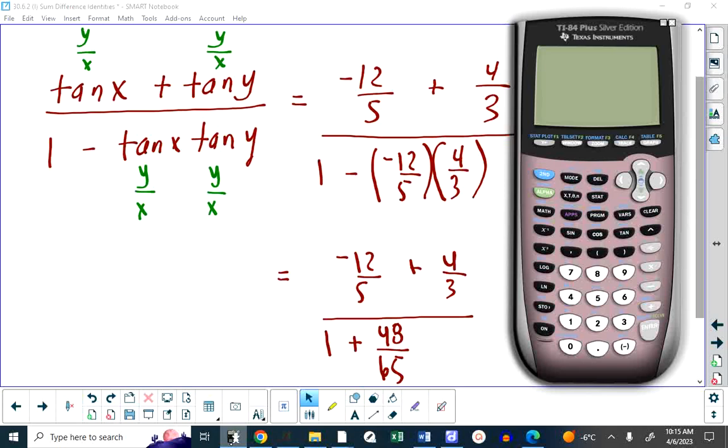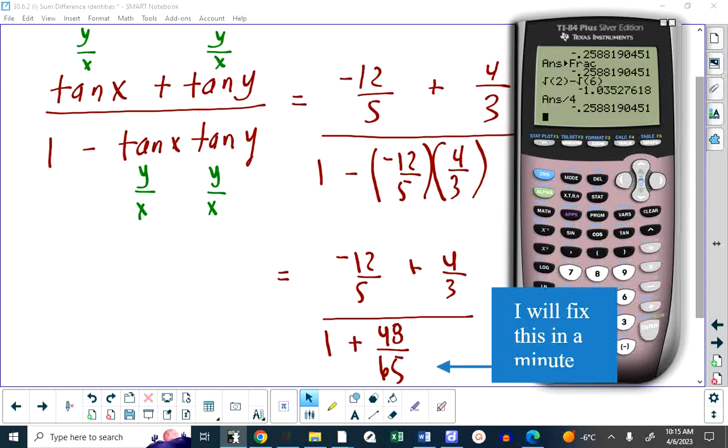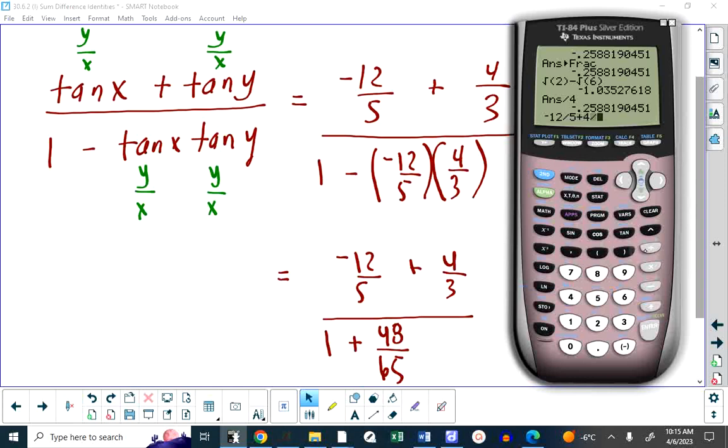So we have negative 12/5 plus 4/3. This is the top. I'm going to divide that by the bottom, which is 1 plus 48/15.